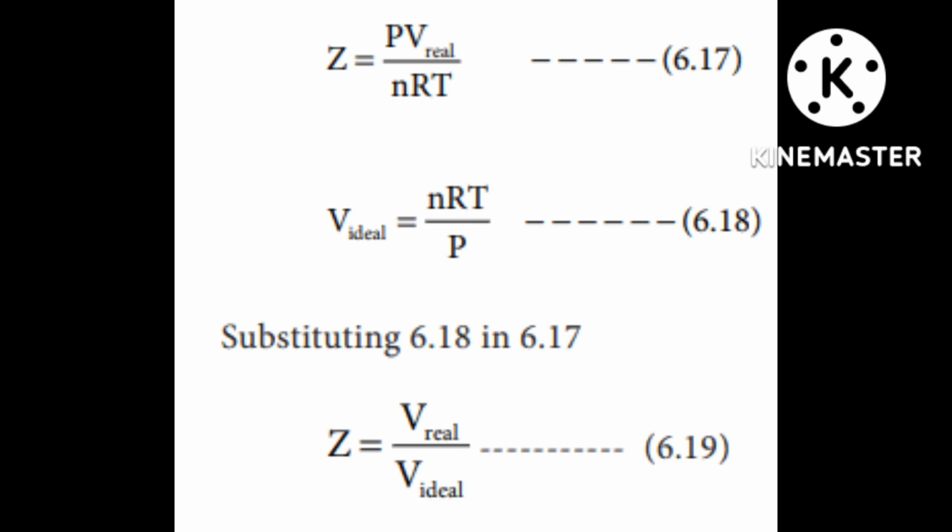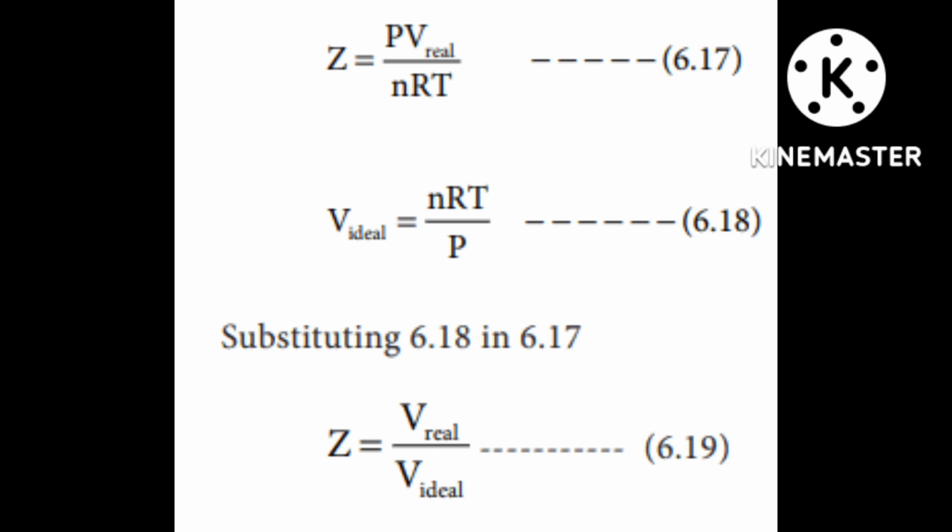compressibility factor is the ratio of the actual molar volume of a gas to the molar volume it would have if it were an ideal gas at that temperature and pressure.